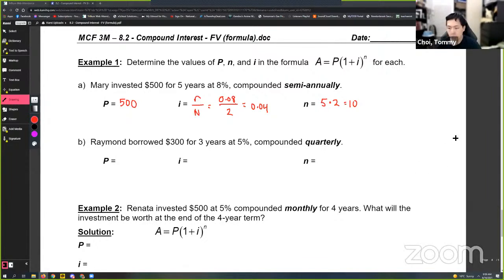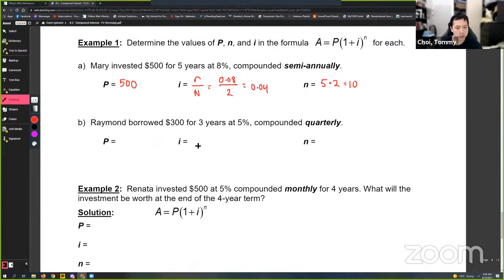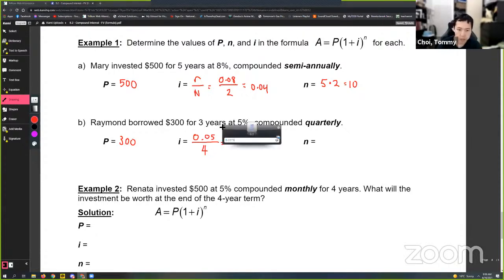Okay. And then same thing for this next one here. Let's try this one. Principal is 300, which means the interest rate, we look at the rate and we look at how it is compounded. So 5% is 0.05. We divide it and it's quarterly, which is 4 times. And so we're going to divide that out. So times 4. Or sorry, divided by 4.